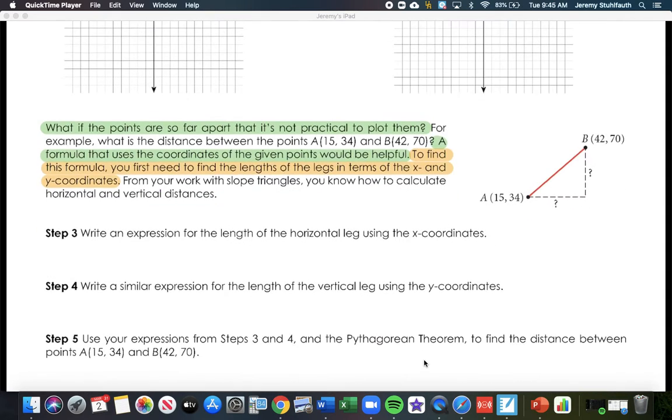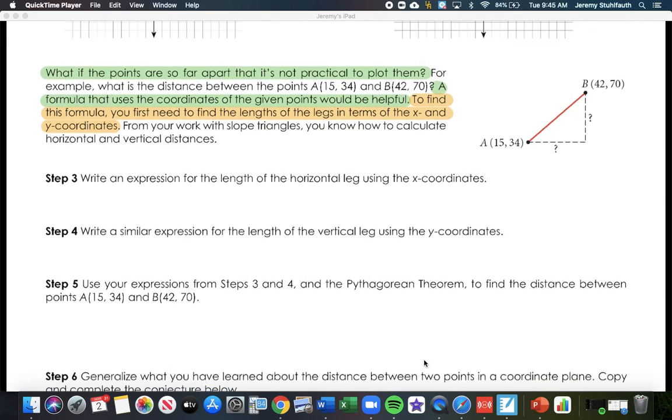So if we look at this, we want to write an expression for the length of the horizontal leg using the x coordinates. If we wanted to find the length of this leg right here, we would take 42 minus 15, and that would tell us the length between those two coordinates.